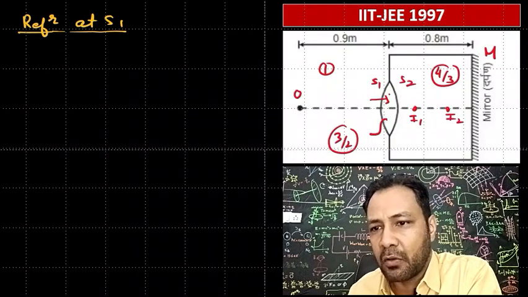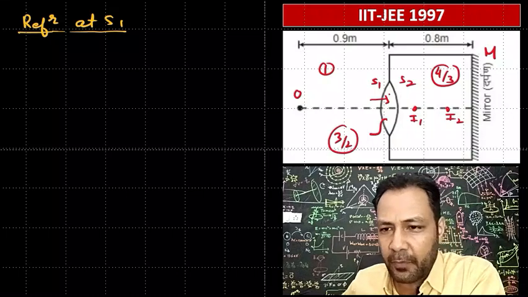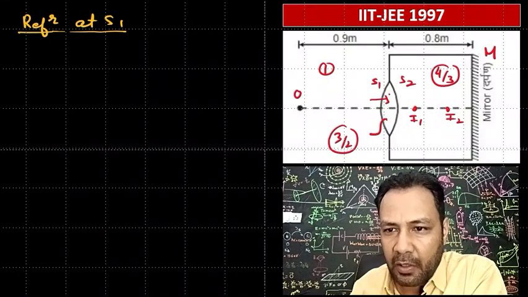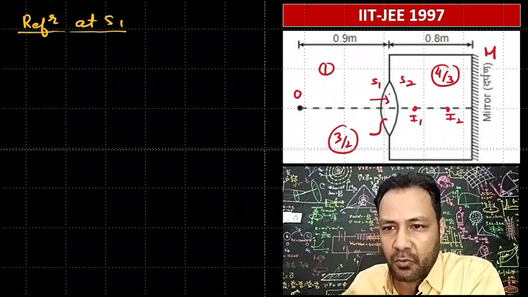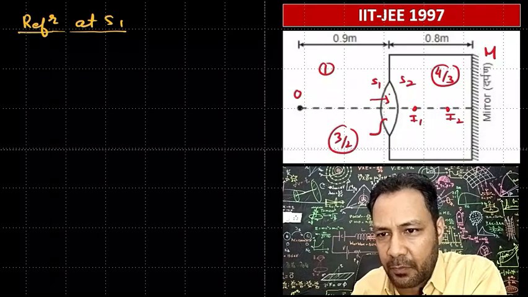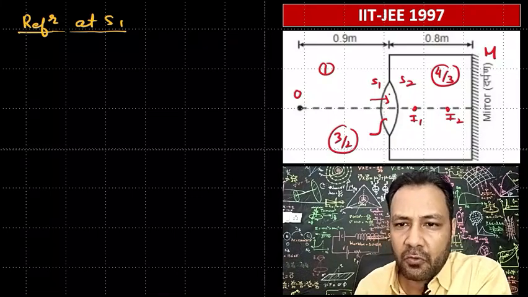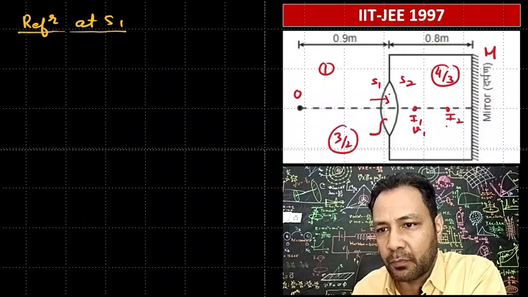This I2 can be on the right side or on the left side. I have just written it this way; if it is on the right side, I will correct that. For both these events, our origin is the optical center of the lens because this is a thin lens. Suppose the x coordinates of I1 and I2 are V1 and V2.